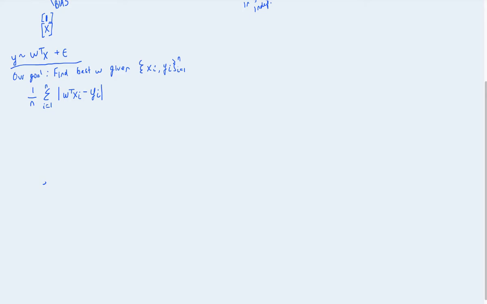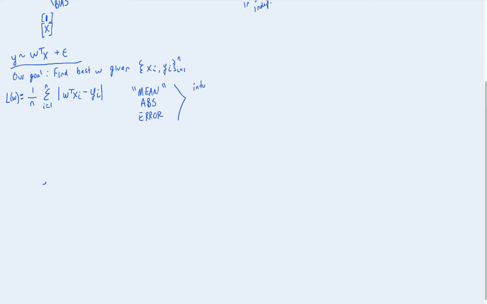So if we take the mean of those errors, we get the name of this function, which is called the mean absolute error. And this function is known as a loss function. So we'll say that the loss for a particular choice of w is equal to this average of all the errors. And this particular choice is very intuitive, I think.